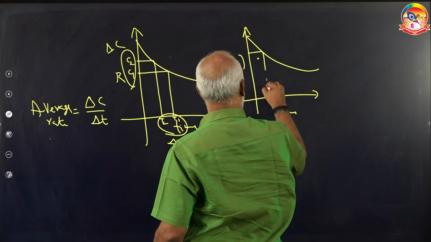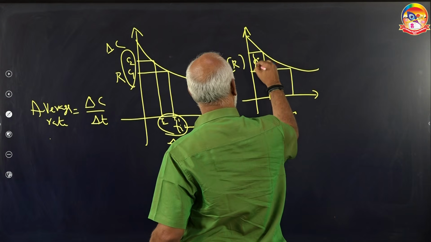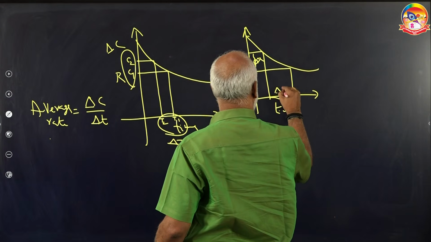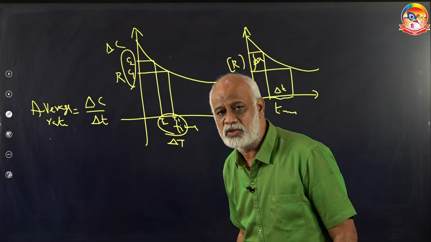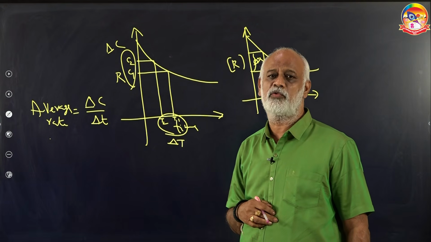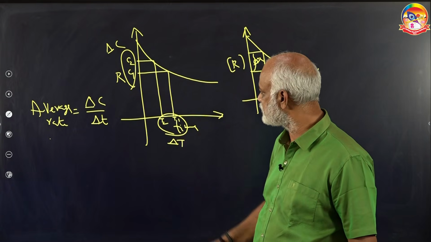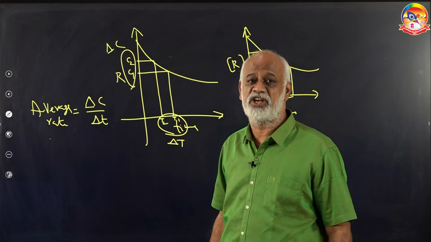Someone will take a time interval like this, so this particular delta C and this particular delta T can be taken. So average rate is always calculated by taking any two time intervals, and during the time interval the change in concentration is a definite amount for finite changes.